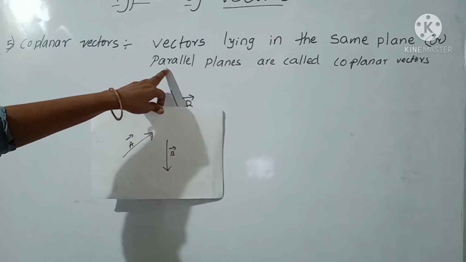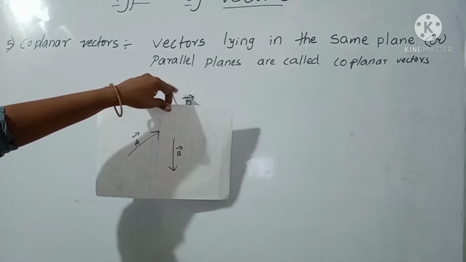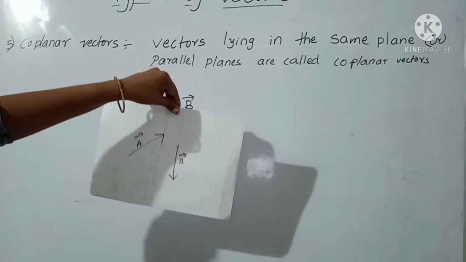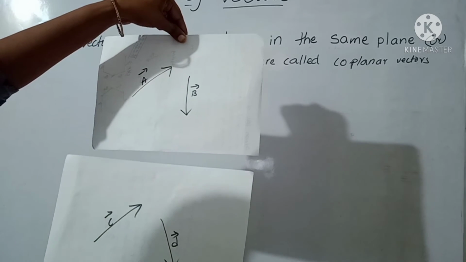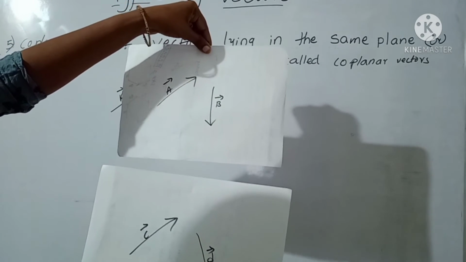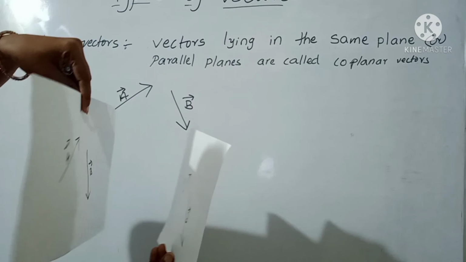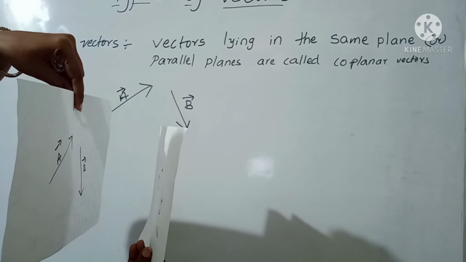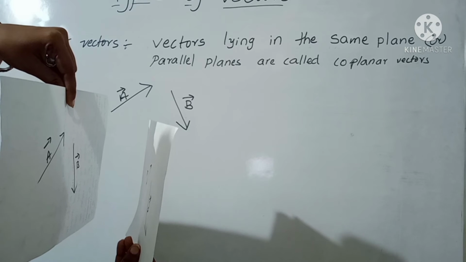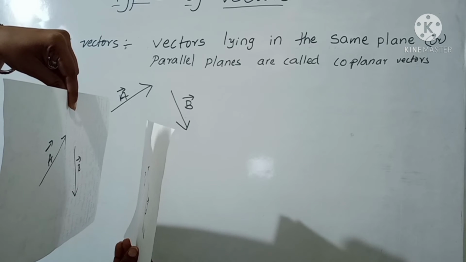Or, the second case, parallel planes. Suppose we take another plane. When these two planes are parallel to each other, then the vectors A, B, C, D on them are called coplanar vectors.